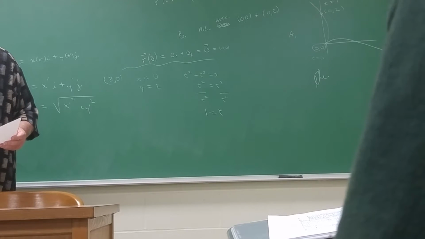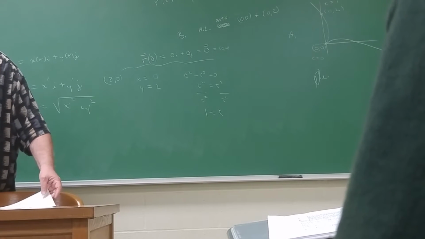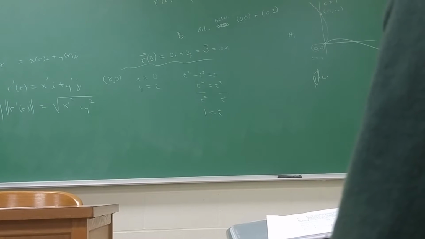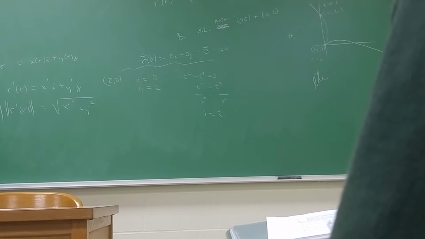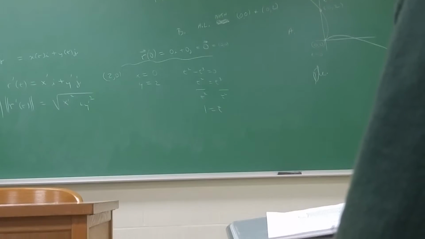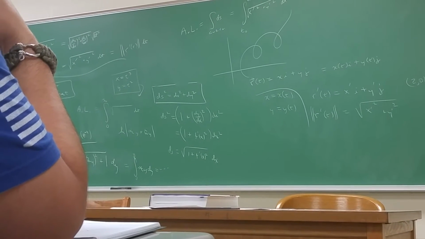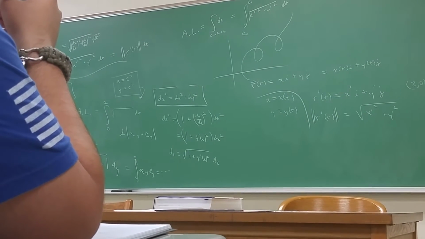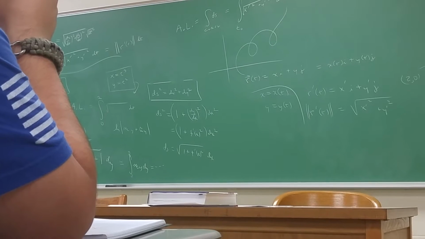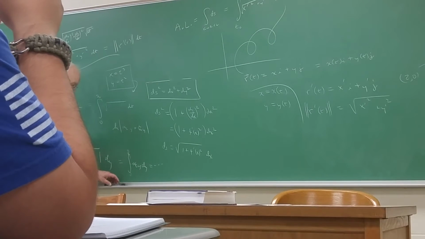All right. The next thing I want to do is go on and look at the cycloid. That's problem 30. I have not talked about the cycloid yet. Oh, okay. So you're going to ask me about problem 30.